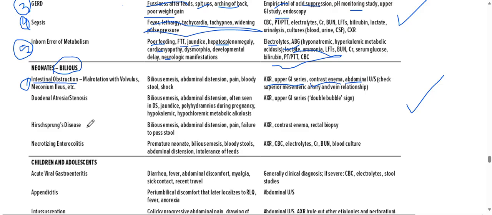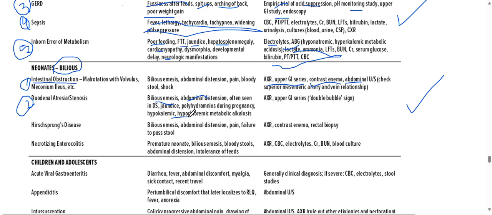Then the next thing we need to know about is duodenal atresia or stenosis. In duodenal atresia, again there will be bilious vomiting, with bile in the vomitus. There will be abdominal distension, often seen with jaundice, polyhydramnios, and hypokalemia. Again the ABG will show the same picture as the pyloric stenosis I shared with you guys: hypokalemic, hypochloremic metabolic alkalosis.